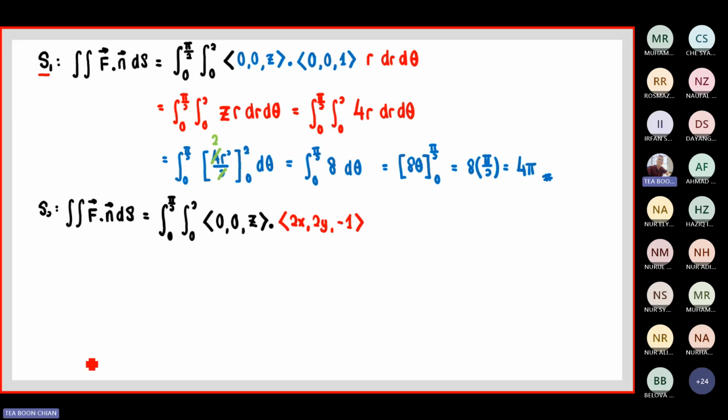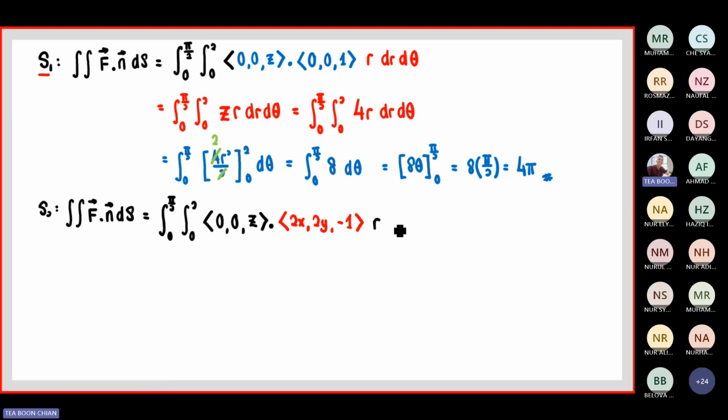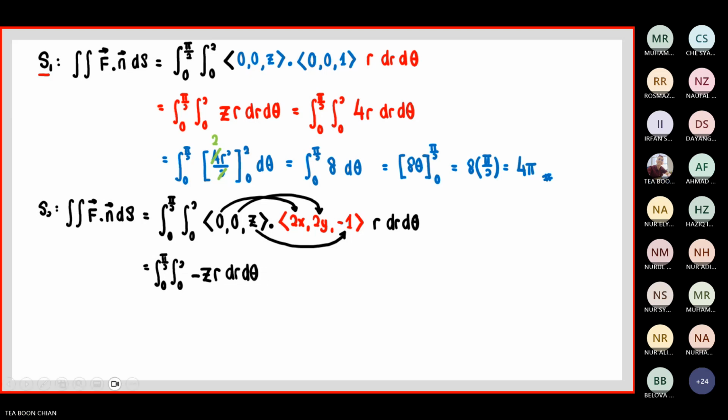Eventually, you notice that nothing much is affected because 0 multiplied 2x, you still get 0 in the end. All right, so if I expand and simplify quickly, 0 multiply 0, not affected. 0 multiply 2y, also not affected. Z multiply negative 1, in the end, you get negative z r dr d theta.